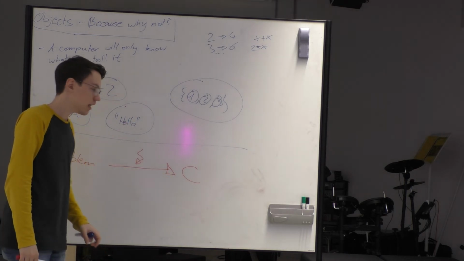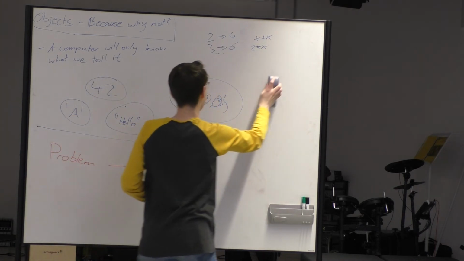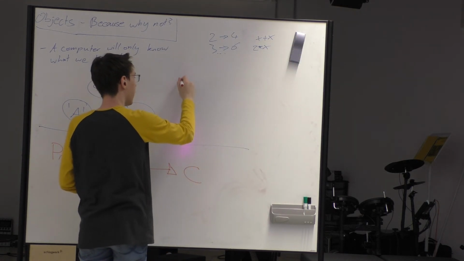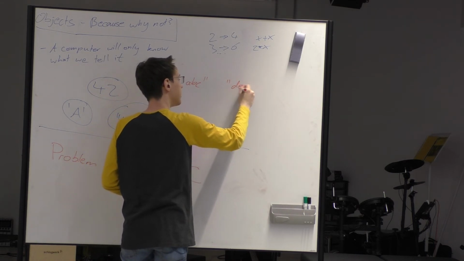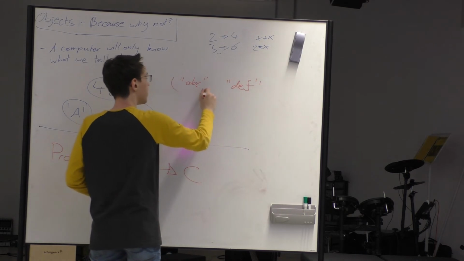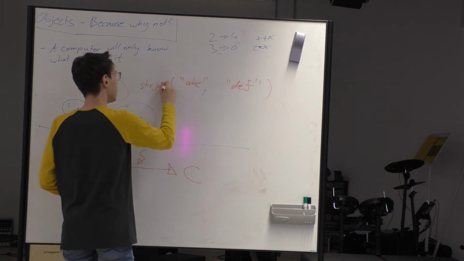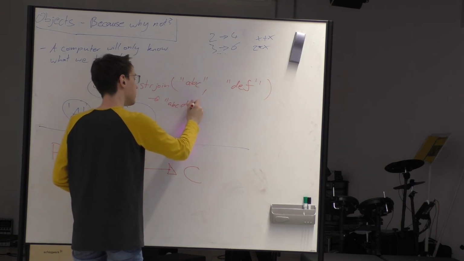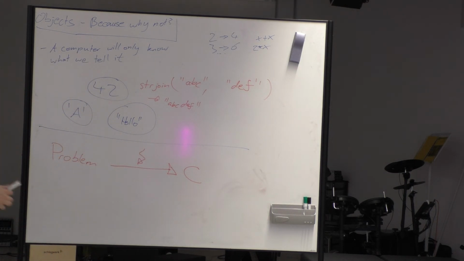You might have seen that in functions that look like this. For example, you have a string with A, B, C, and another string with D, E, F. And you want to join these two, so you say some kind of str join, and then you get back a string called A, B, C, D, E, F, which is fine. But let's say we have the problem of joining 3 strings.